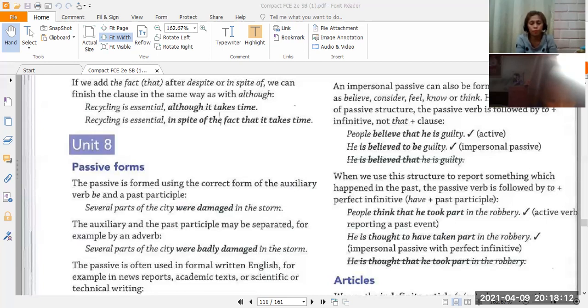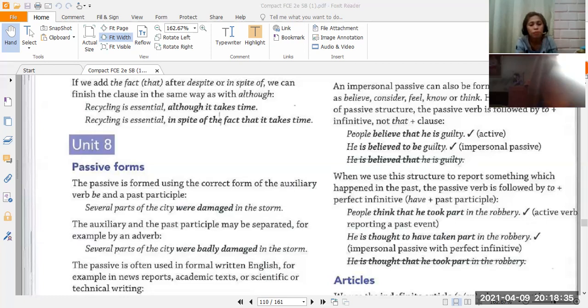What is the passive voice? The passive voice is the opposite of the active voice. Active: Everybody loves chocolate. Passive: Chocolate is loved by everybody. Active: The lifeguard saved a man.